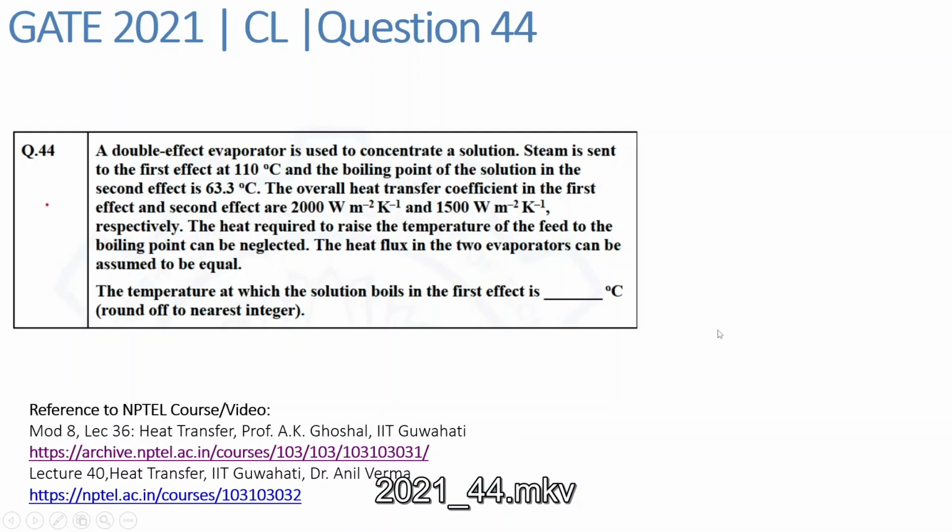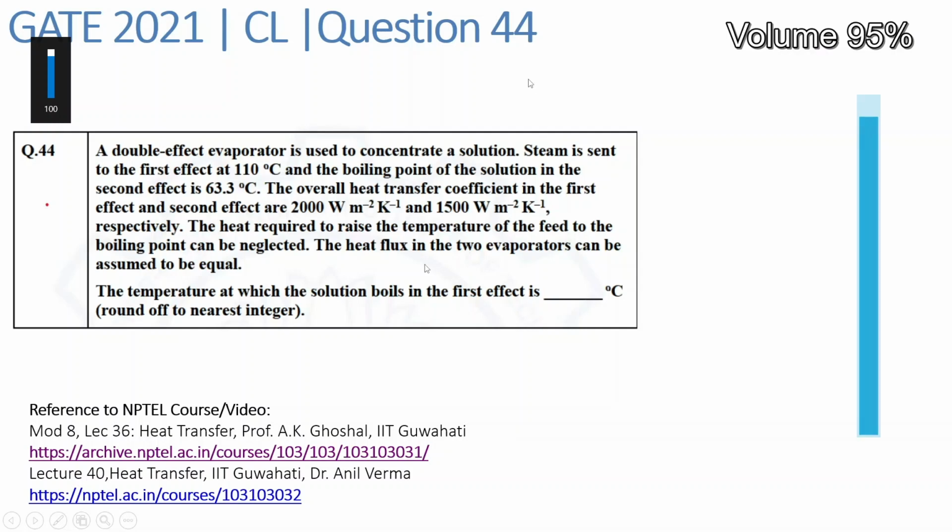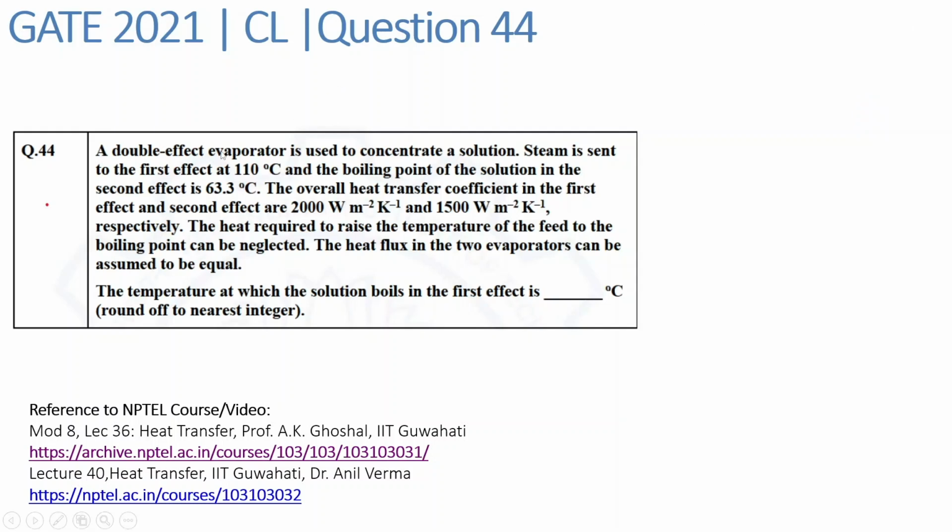Hello everyone. We will be solving question 44 from GATE 2021 Chemical Engineering paper, and the subject is heat transfer. A double effect evaporator is used to concentrate a solution. Steam is sent to a first effect at 110 degrees Celsius, and the boiling point of the solution in the second effect is 63.3 degrees Celsius.